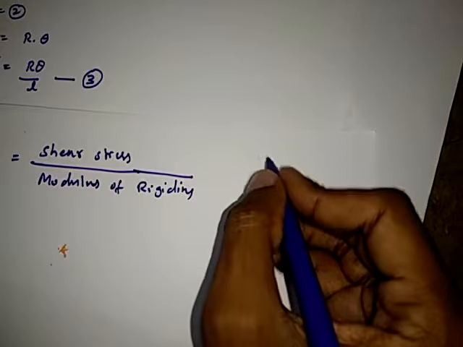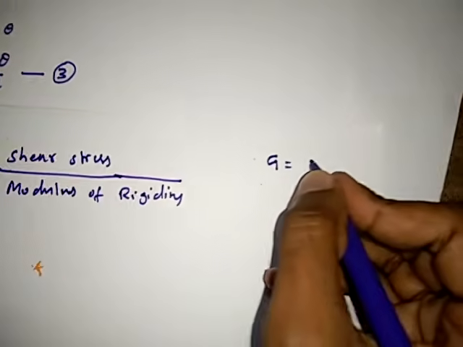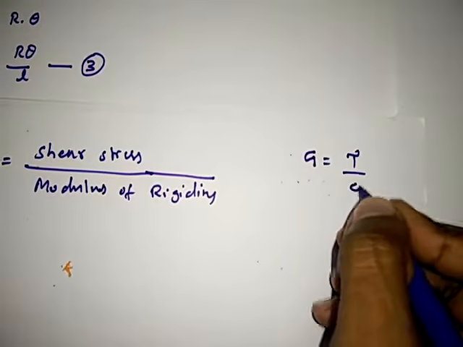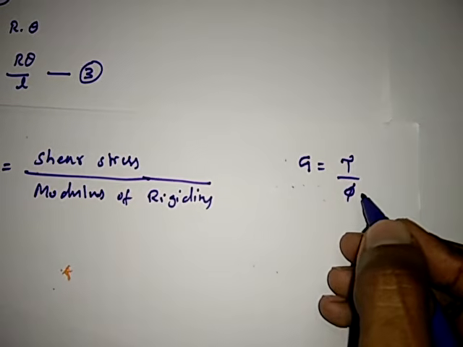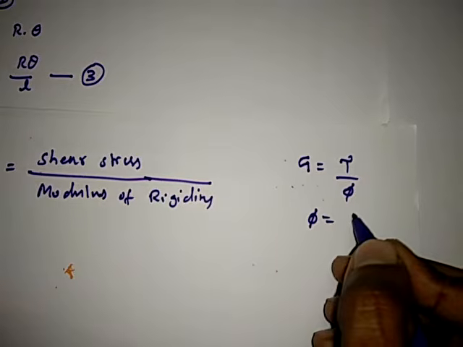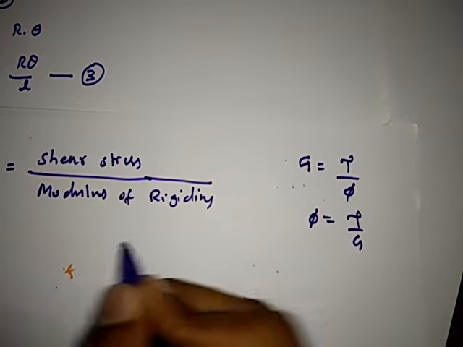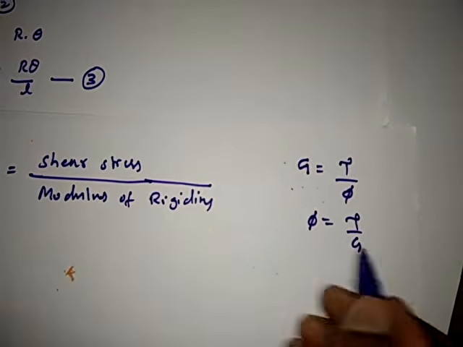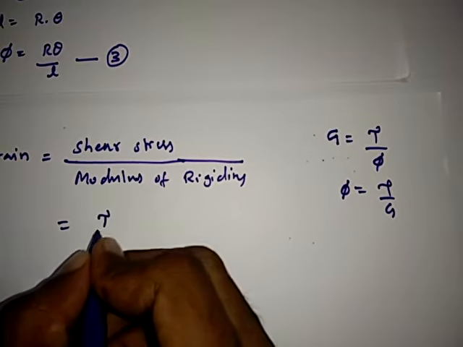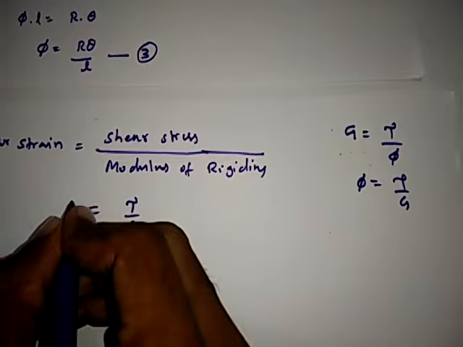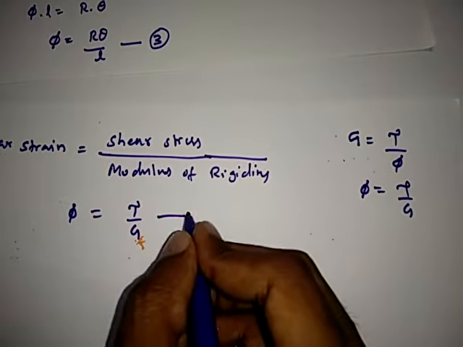We know the modulus of rigidity G is equal to tau by shear strain, meaning shear stress by shear strain. From this, shear strain will be tau by G. So we have written the same thing, shear stress by modulus of rigidity. In terms of symbols, it can be written as tau by G, and this is shear strain phi. This is equation number 4.